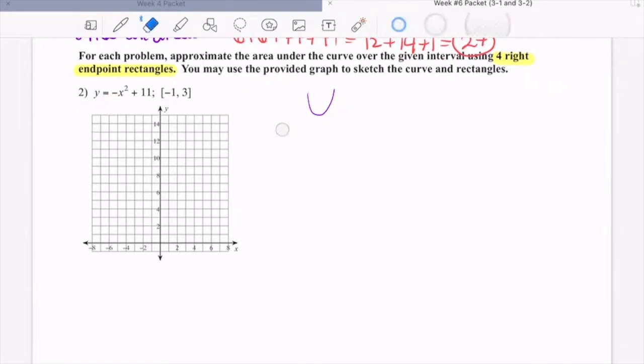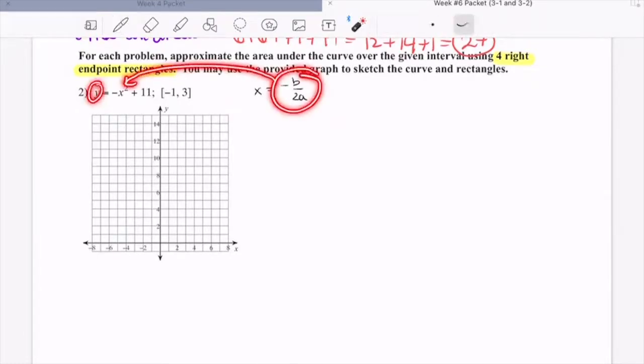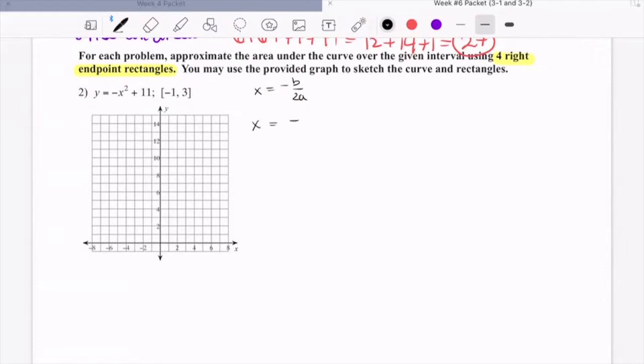So to draw this graph, let's first find the vertex. So recall the vertex formula for the x value is negative b over 2a. And then we plug in this negative b over 2a into our function to find the y value of the vertex. So for us, x would be negative, well, b in this case is 0 because we have no x term.